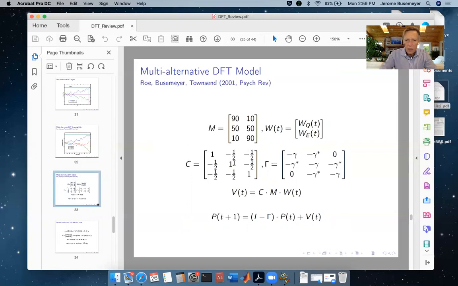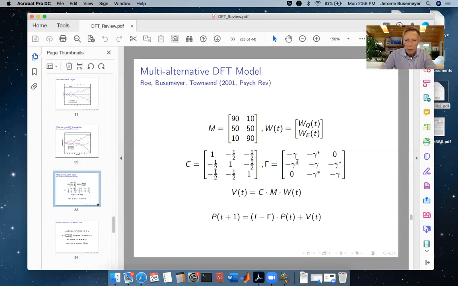Then it's going to get the relative preference for the Honda by comparing the value of the Honda to the average of the BMW and the Ford. And then likewise, it's going to compare the Ford value to the average of the BMW and the Honda. So we get a relative preference by the C matrix.